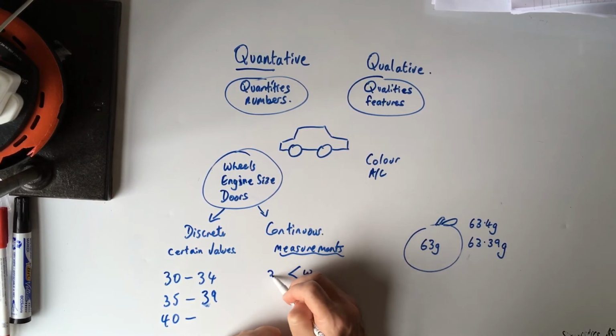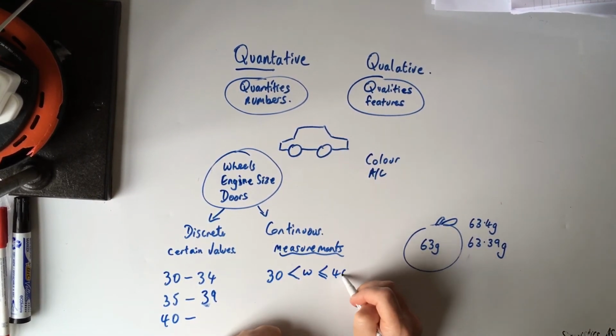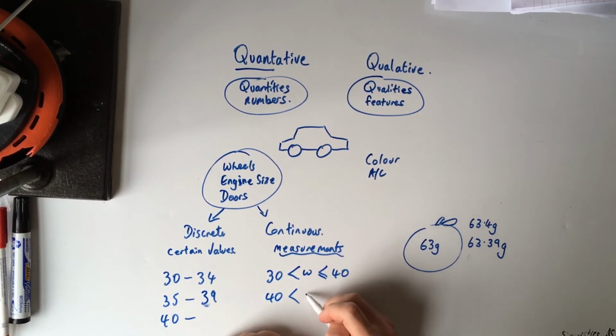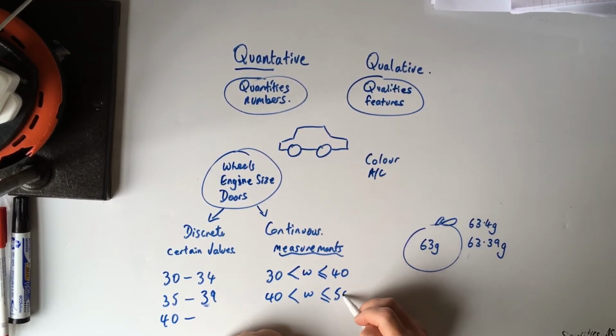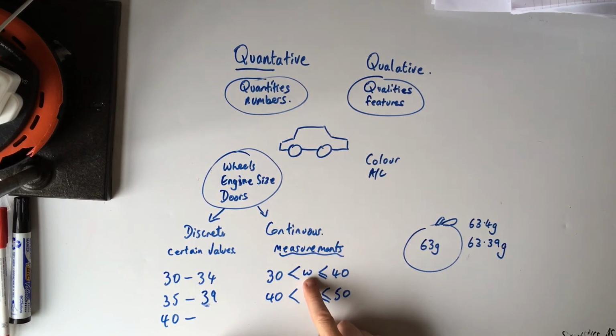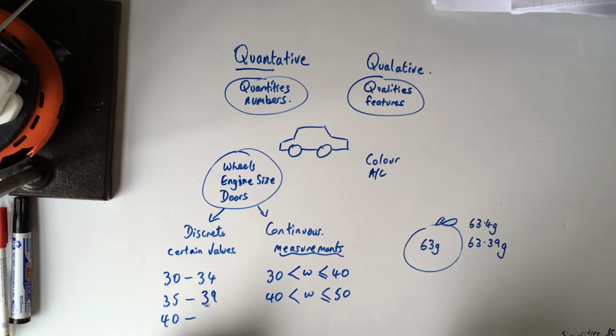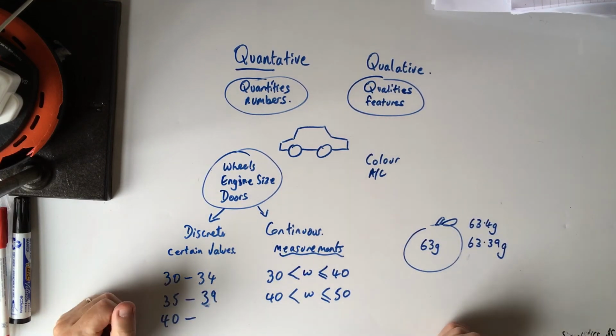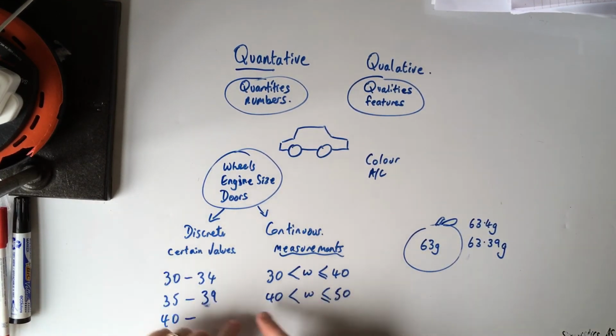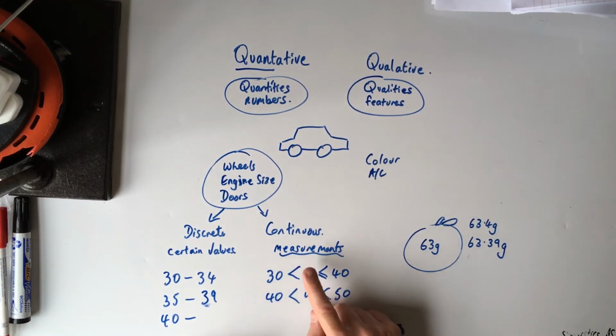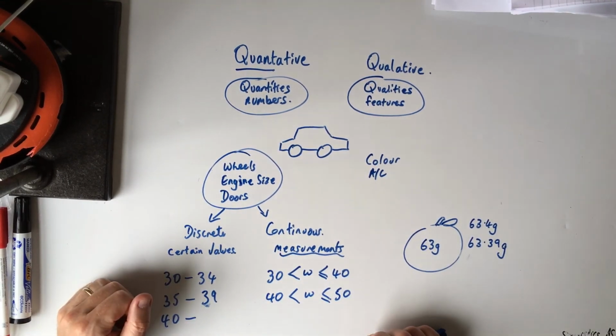So greater than 30 grams but less than or equal to 40 grams, greater than 40 but less than or equal to 50 grams, because within that the weight of the apple can take any value at all between 30 and 40, any value, whereas the goals scored between 30 and 34 can only be certain values like 31, 32, 33 or 34, okay, or 30. So it can only take exact values, whereas continuous data can take any value within the group. That's what continuous data is compared to discrete data.